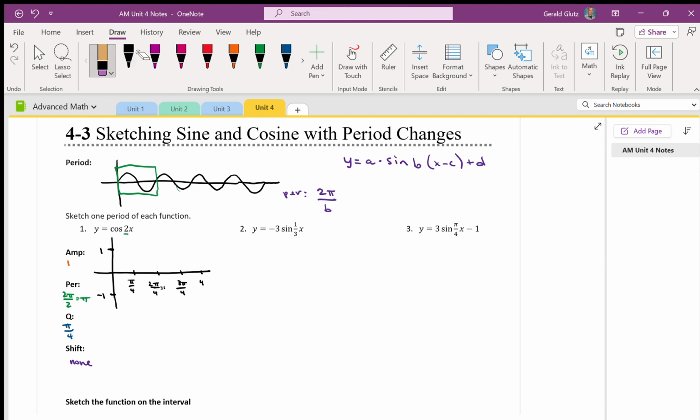So I'm just going to erase those. I just wanted to write out the original, like 2 pi over 4 and 4 pi over 4, just to show you how I'm getting these. I know it's probably annoying that you had to erase things if you wrote them, so I do apologize for that. But anyway, here's our midline.